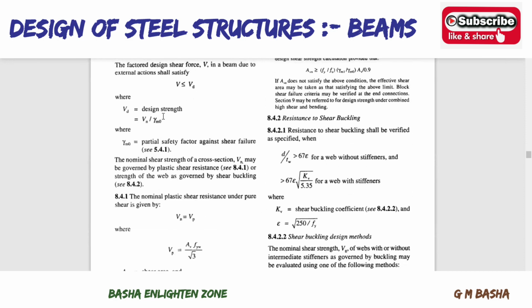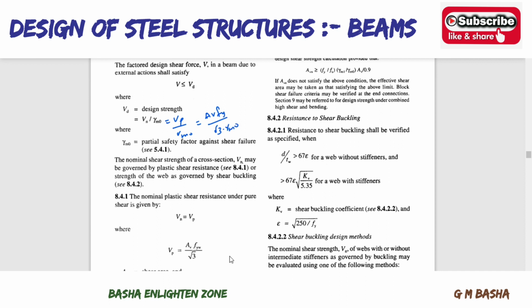See here, for design shear strength, the formula will be this one. Vd will be equal to Vn by gamma m naught. Again, Vn will be equal to Vp. Therefore, take Vp by gamma m naught. Vp will be equal to Av Fy by root 3 into gamma m naught.